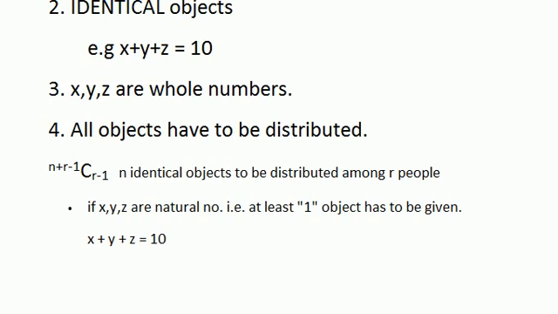So every child has now one chocolate. Now we are left with 7. So now distribute these 7 chocolates among the 3 children. So we can reduce this condition of natural numbers to whole numbers again by first fulfilling the criteria that at least one chocolate has to be given.